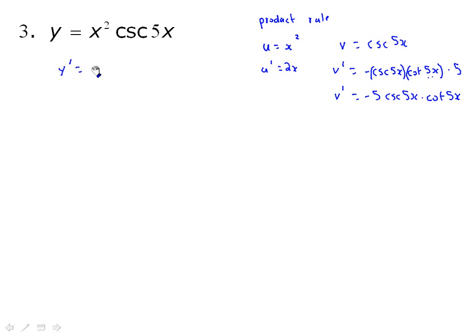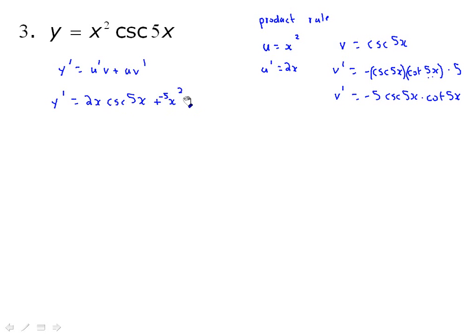So y prime for product rule is u prime v plus u v prime. So in this case, y prime is equal to u prime 2x times v, so that's cosecant of 5x, plus u, which is x squared, times v prime. Now that's negative, so I'm going to take the negative 5 and write it in front.